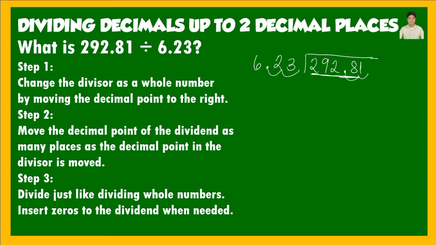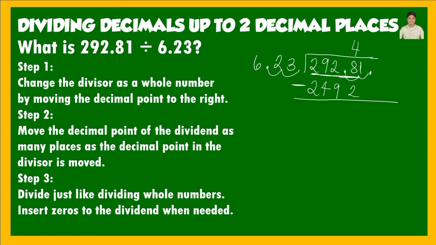So magiging 2,928 na siya. So ilang 623 ba ang pwede nating kunin sa 2,928? So we only have 4. So 4 times 623, that is 2,492.